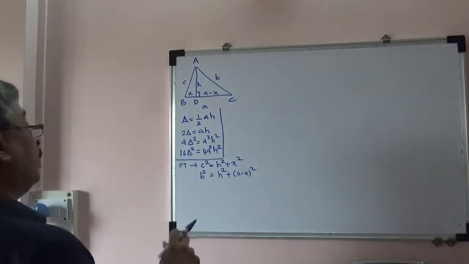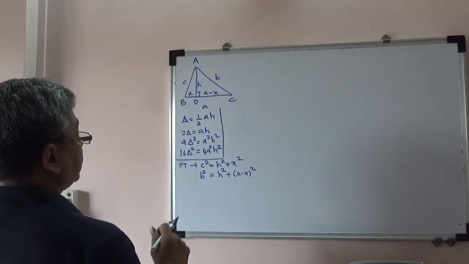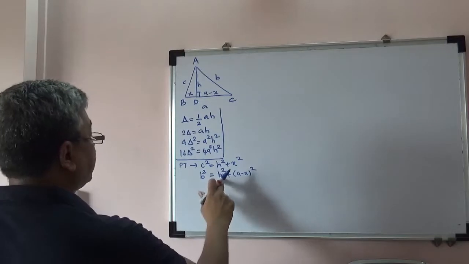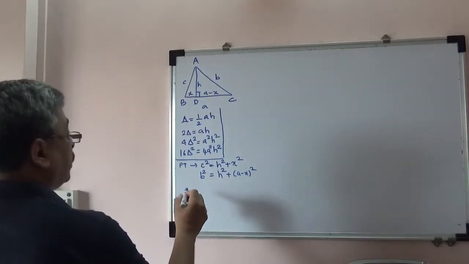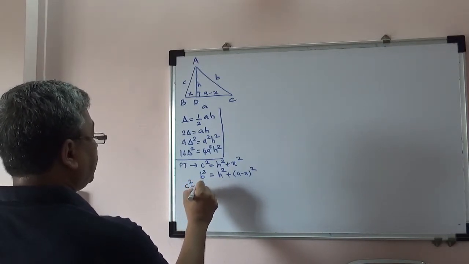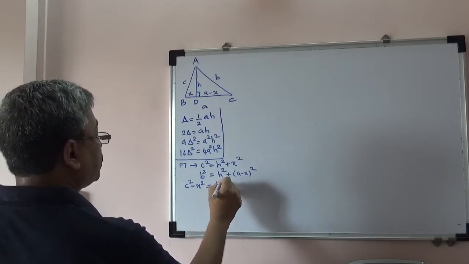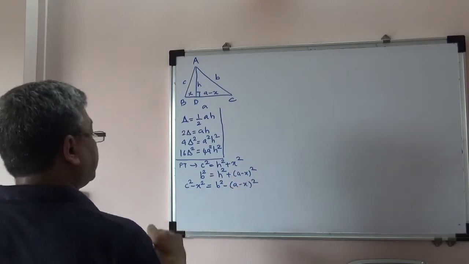Okay, so now I can measure h square in two different ways. h square is c square minus x square, and h square is also b square minus (a minus x) whole square. So measuring the same quantity in two different ways, I get an identity which is b square minus (a minus x) whole square.